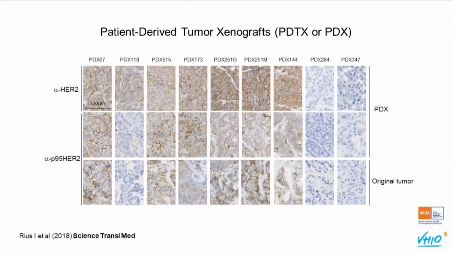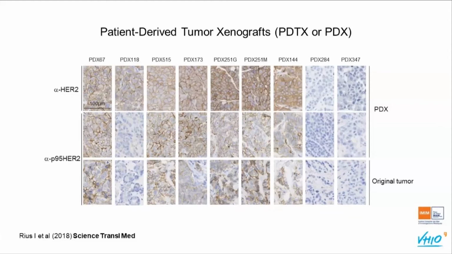Some of them are positive for P95 HER2, some of them are not. And this is a much more relevant model, much closer to the real tumors than cell lines that are quite homogeneous. Here we see quite a lot of heterogeneity reflecting exactly the situation in real tumors.